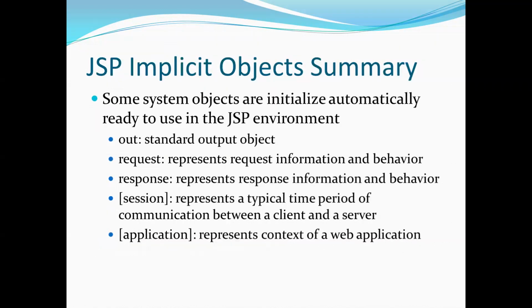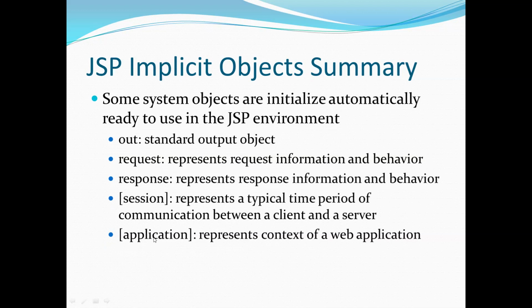Now come to some implicit objects. Some system objects are initialized automatically, ready to use in the JSP environment. One is out, a standard output object. Request represents request information and behavior, response represents the response information and behavior. We have already seen these things. Session is by default available onto your JSP page.